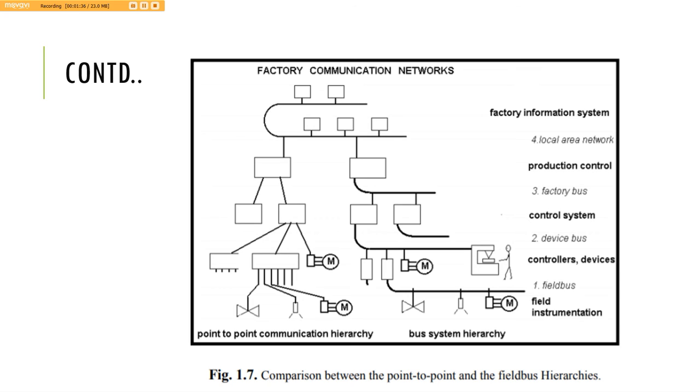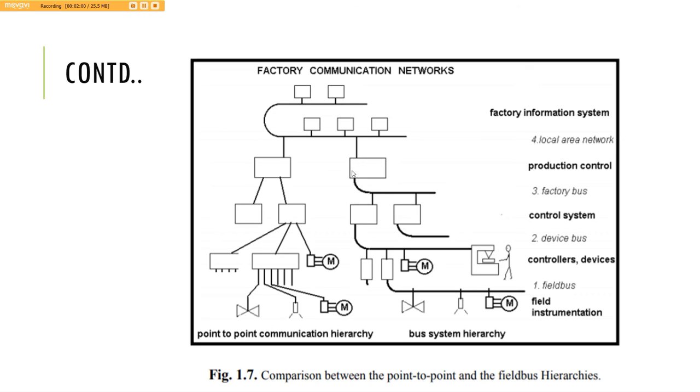These are the different levels in a factory communication protocol. The top level is the factory information system, where the higher officials will see the amount of production and the amount of failure; everything can be viewed in the top level area.